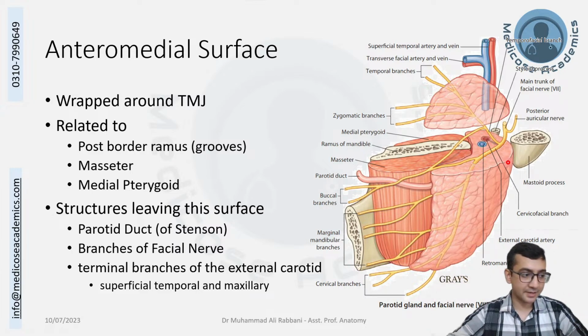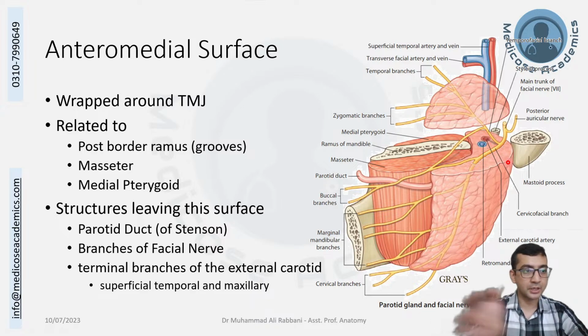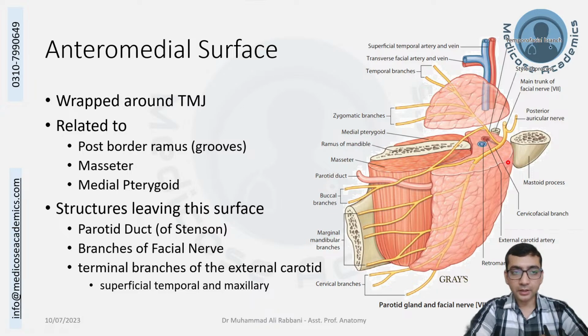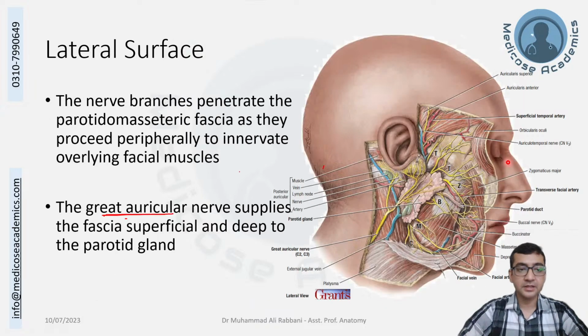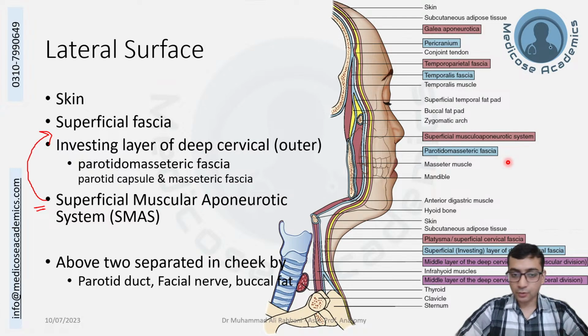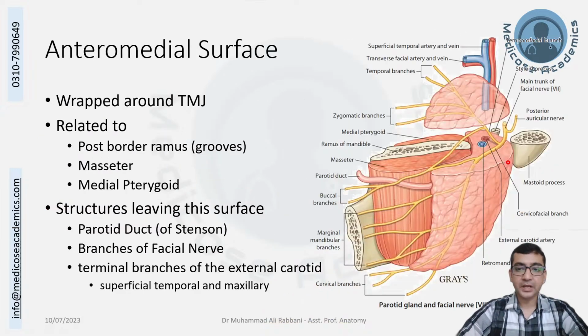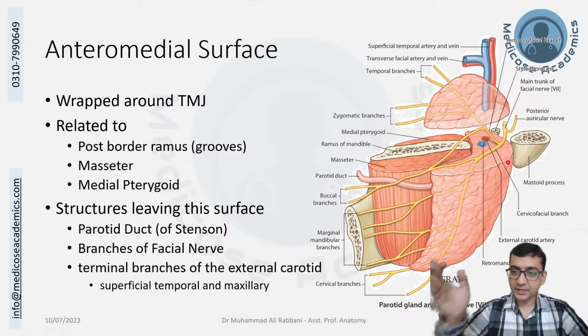The superficial fascia was the SMAS, superficial musculoaponeurotic system, and the deep fascia was the parotidomasseteric fascia. This was the lateral aspect.